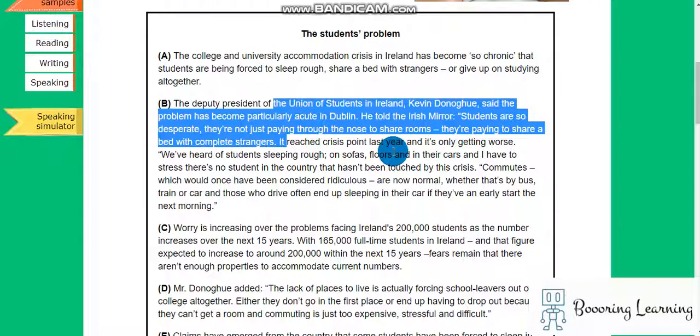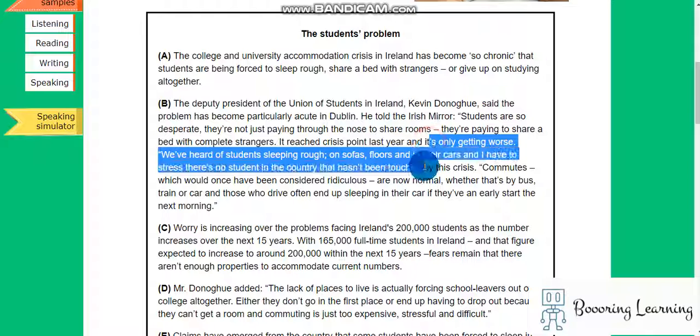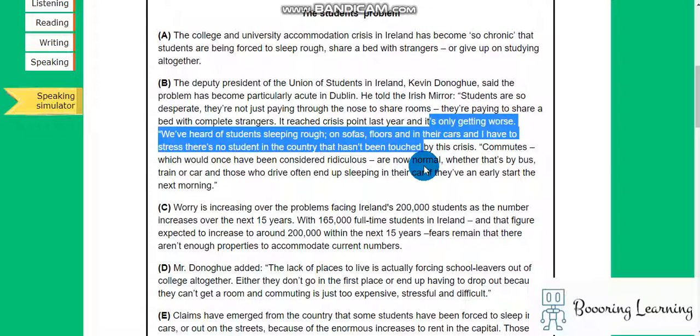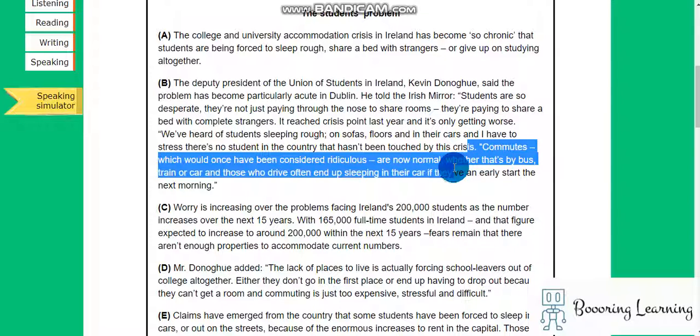It reached crisis point last year and it's only getting worse. We have heard of students sleeping rough, on sofas, floors and in their cars, and I have to stress there is no student in the country that hasn't been touched by the crisis. Commutes which could once have been considered ridiculous are normal, whether that's by bus, train or car, and those who drive often end up sleeping in their car if they have an early start next morning.